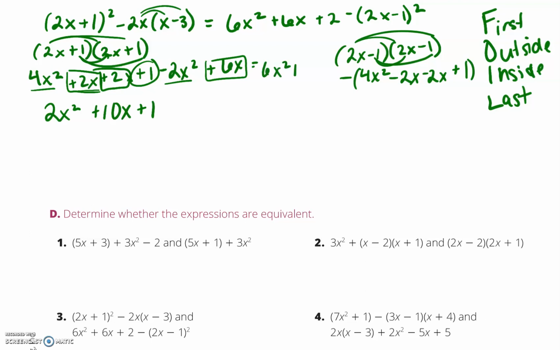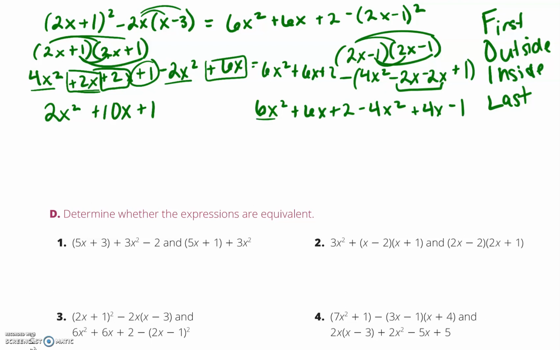Don't forget that we had that negative sign out front, so that changes things a little bit. So I have 6x squared plus 6x plus 2, and then I'm going to distribute that negative throughout. So I have 6x squared plus 6x plus 2 minus 4x squared. Negative 4x times negative would be plus 4x, and then negative times that 1 would be negative 1. Combine my like terms.